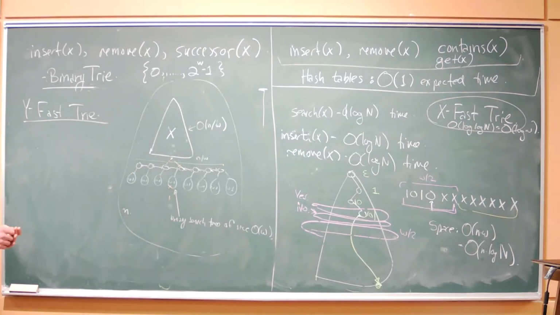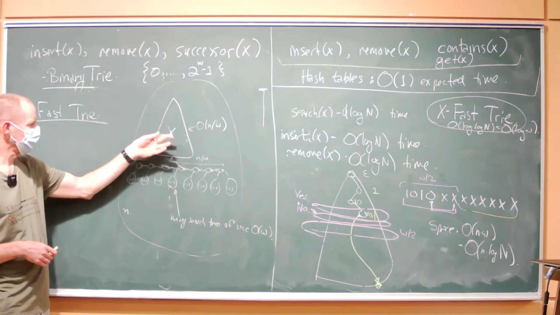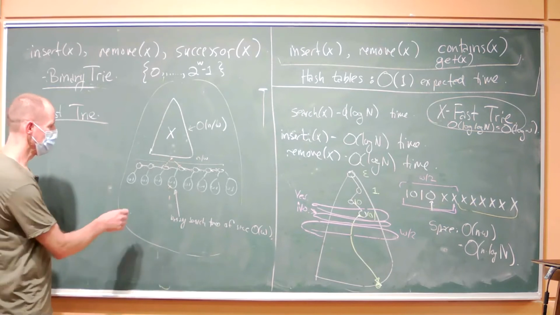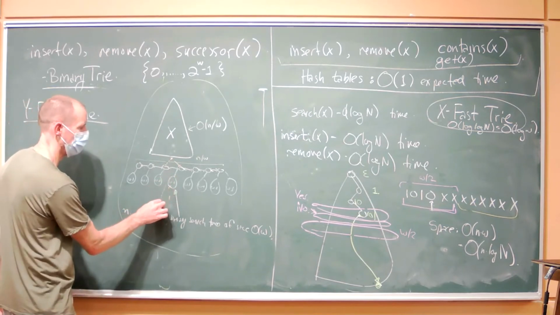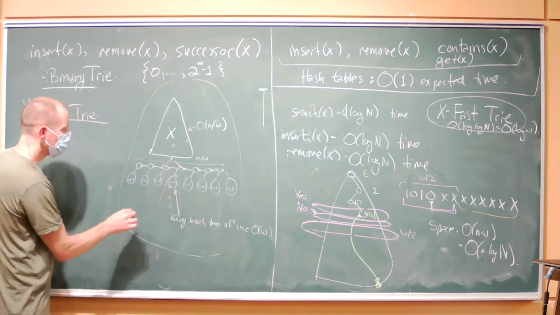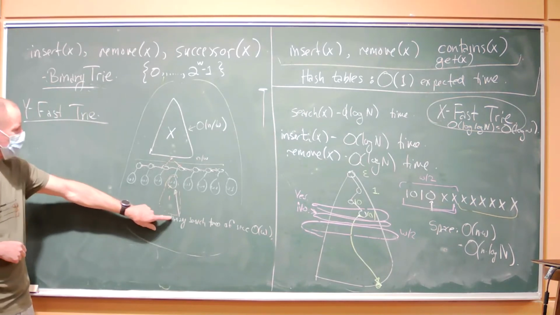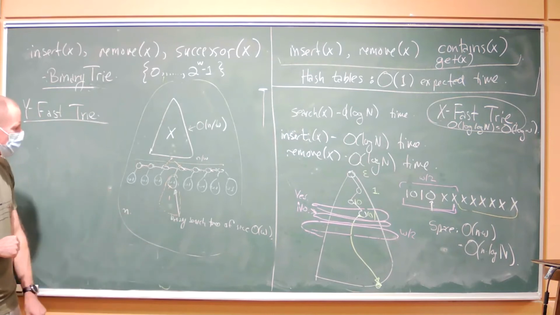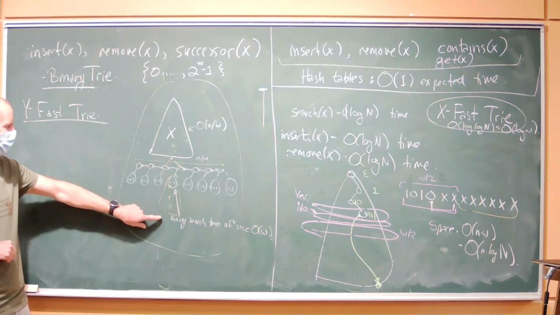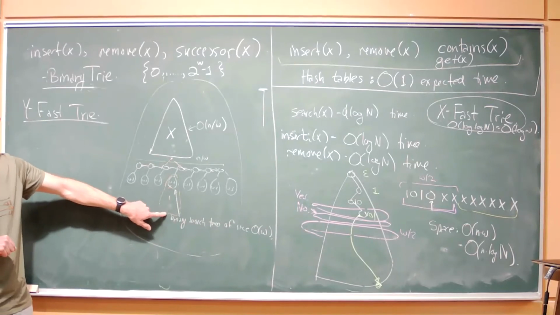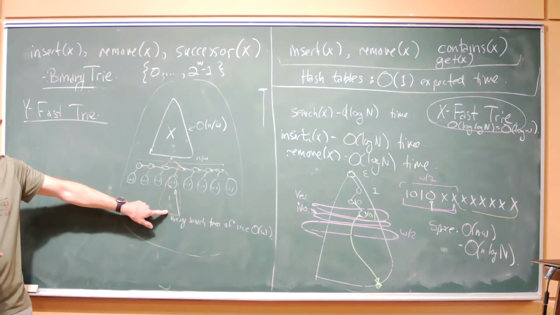So in particular, if I just keep inserting things that are around like x, x plus 1, and so on, then this tree here is getting bigger and bigger and bigger. And all of this only works because this tree has size O of w, or at least the log of the size of this tree is O of log w. So I'll need to make sure that the tree doesn't get too big.